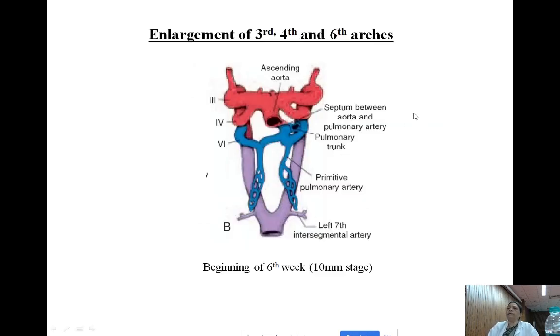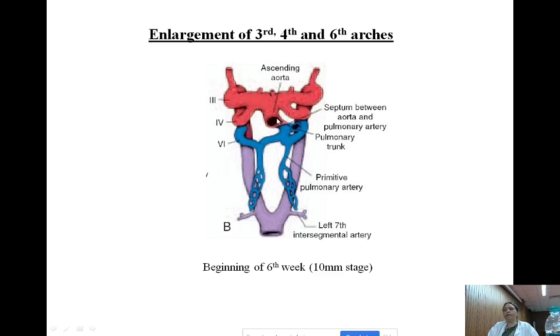Now here you can see that the first arch and second arch are not shown, or they are present just as the maxillary artery, and the second arch as the hyoid and the stapedial artery. This is the third arch. This is the fourth arch, and this is the sixth arch, which is attached to the dorsal part of the aortic sac.